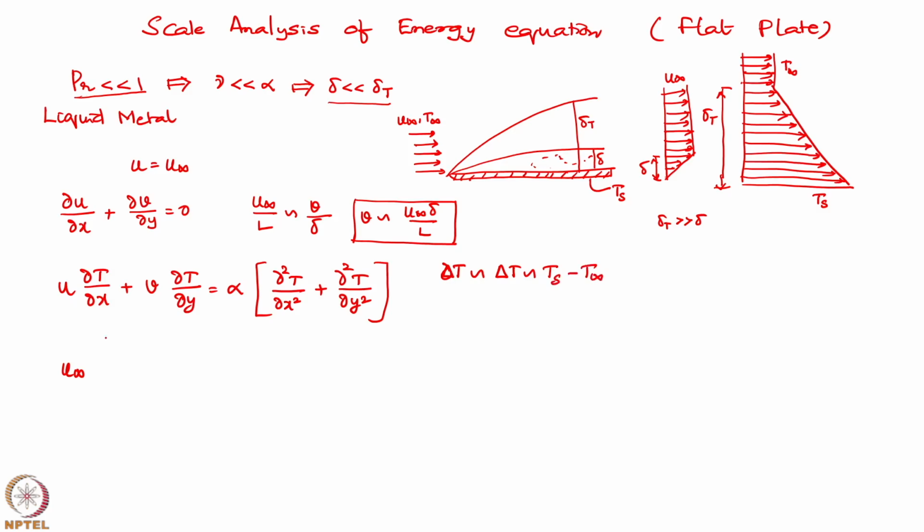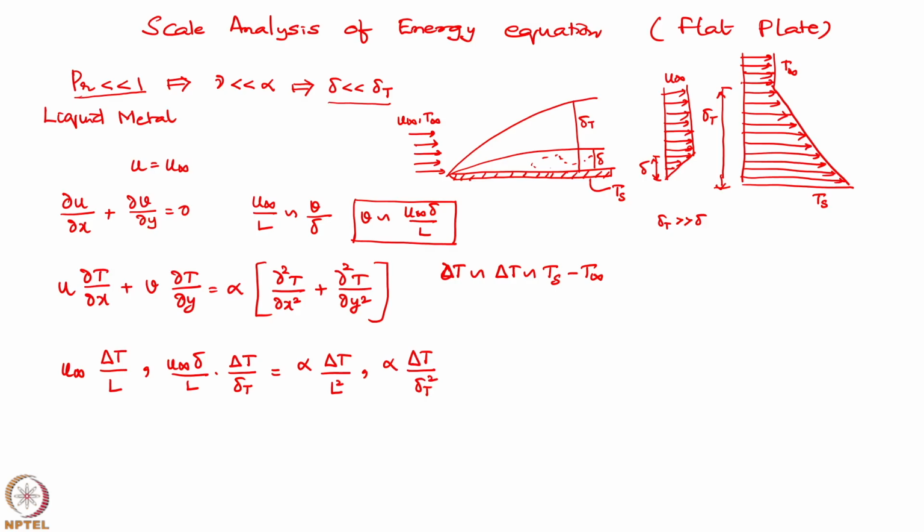So that is delta T divided by L, v is u infinity delta by L into delta T by, now what is the scale of y in the energy equation? The scale of y in the energy equation is delta T, because the temperature is varying over a height of delta T. So you have alpha into del squared T by del x squared is delta T by L squared, alpha into del squared T by del y squared is delta T by delta T squared.